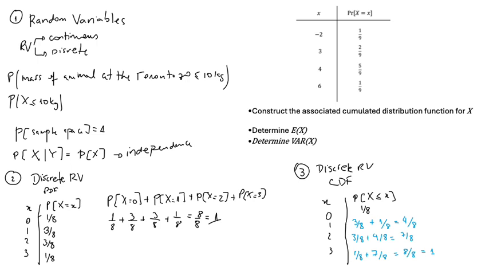There are two properties of CDFs. First of all, it starts equal to the PDF, the first number, and it has to finish in 1. If it does not finish in 1, your CDF might be wrong.